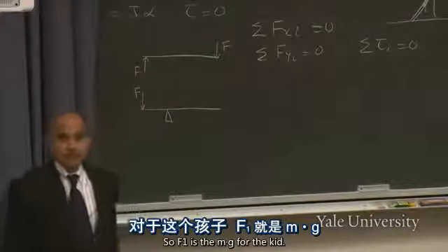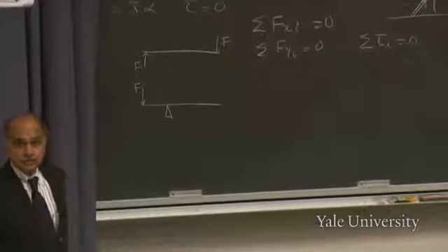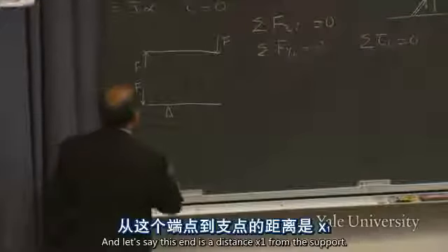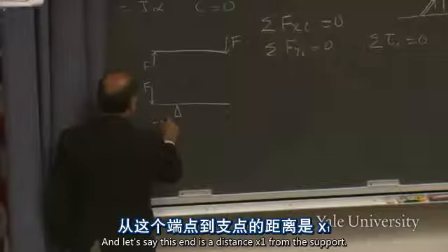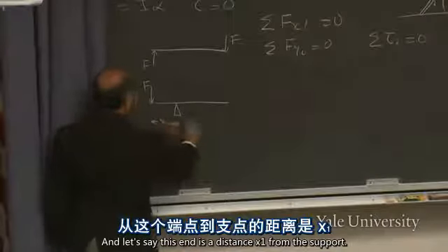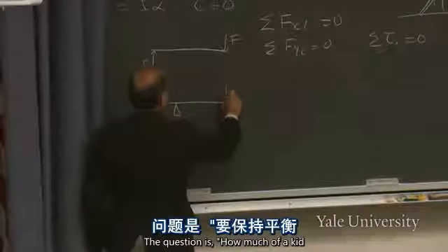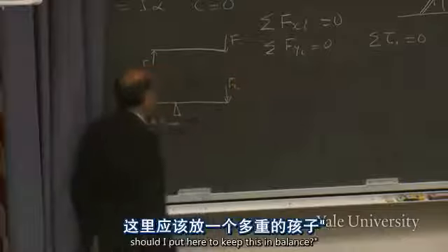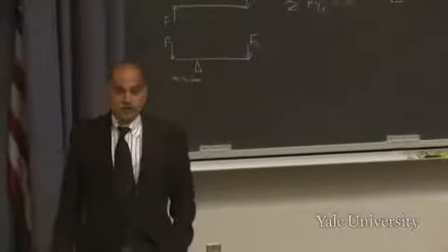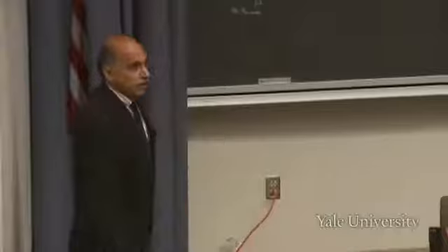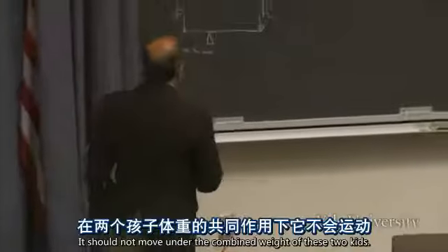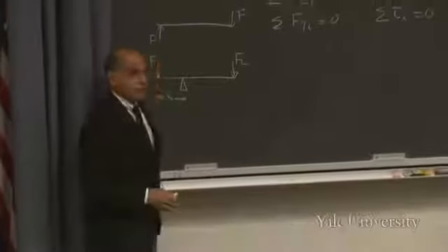So F1 is the mg for the kid. And let's say this end is a distance x1 from the support. The question is, how much of a kid should I put here to keep this in balance? It should not move under the combined weight of these two kids.